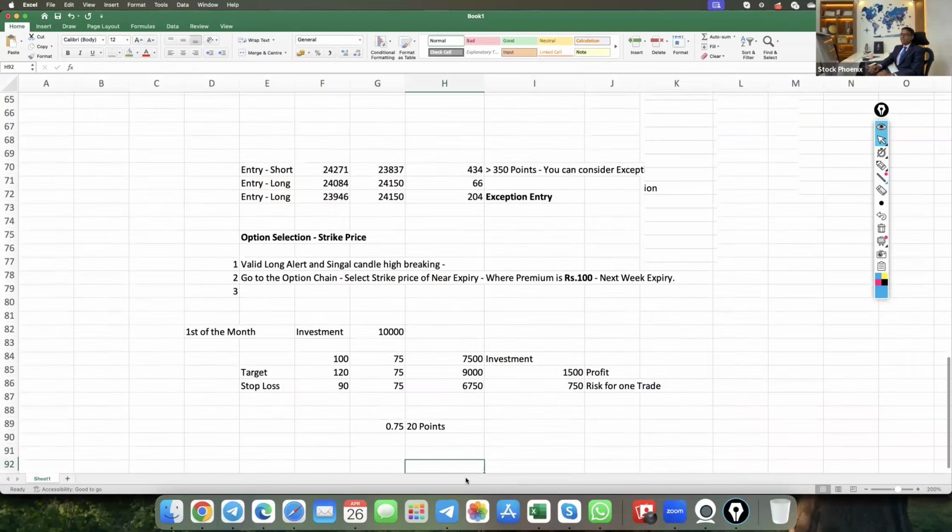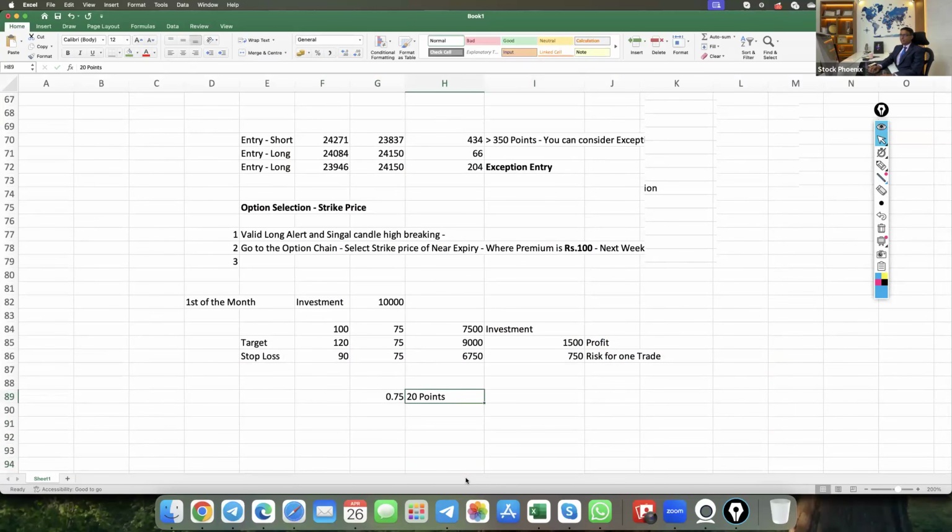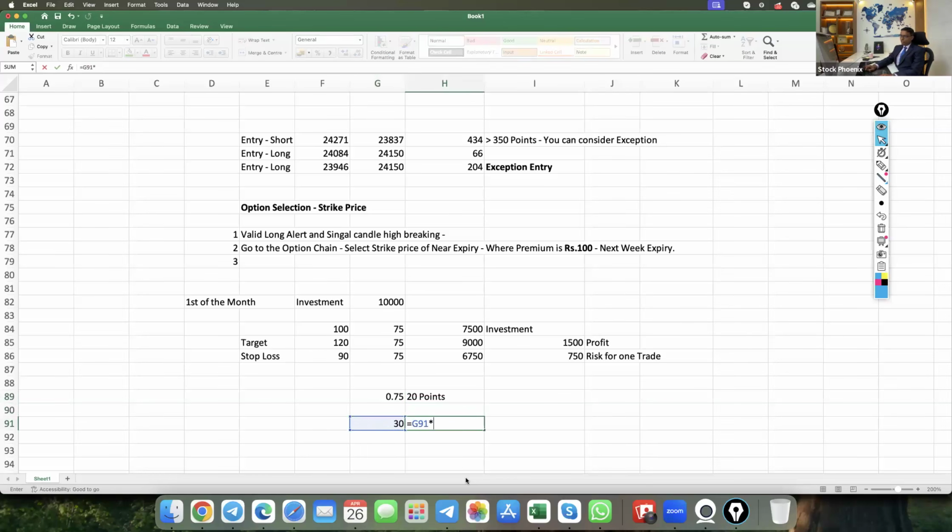What is delta? It simply says, if there is 1 point of movement in Nifty, 0.75 points of momentum will come in options. So to get 20 points of momentum in options, how many points of movement do you need in the index? 30 points, 30 into 0.75, you get 22 points.